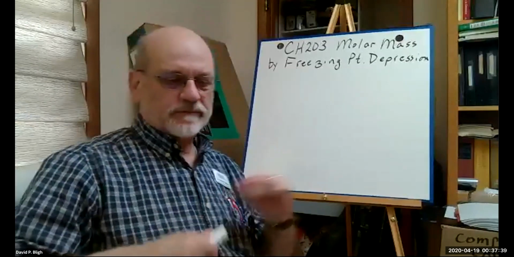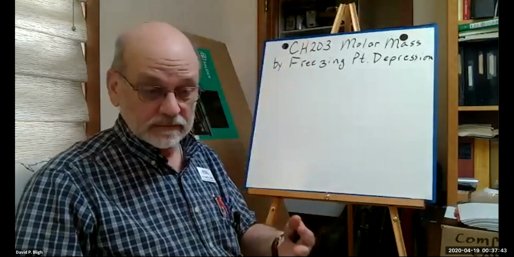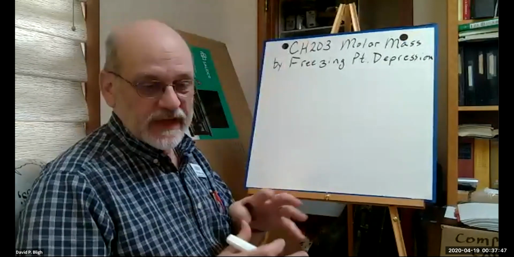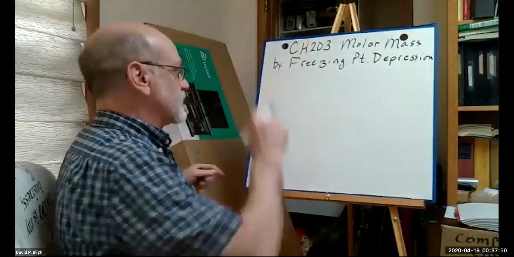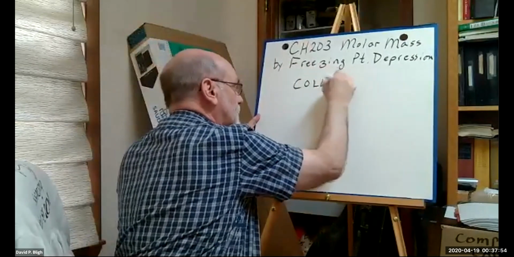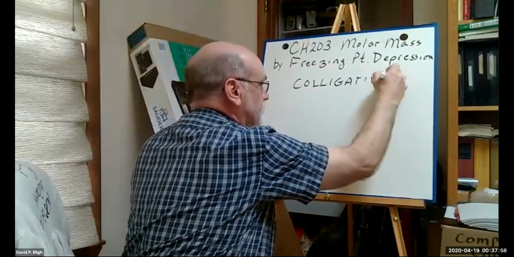Okay, so now let's get to the discussion. Freezing point depression. Freezing point depression is a property that may be grouped together with other types of properties that are similar, and they're called colligative properties.